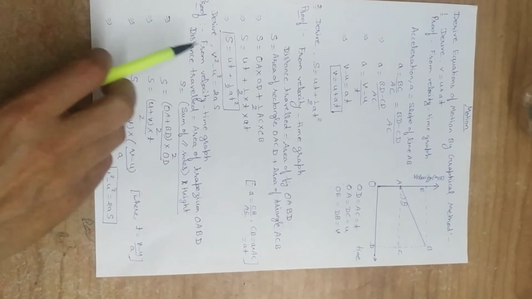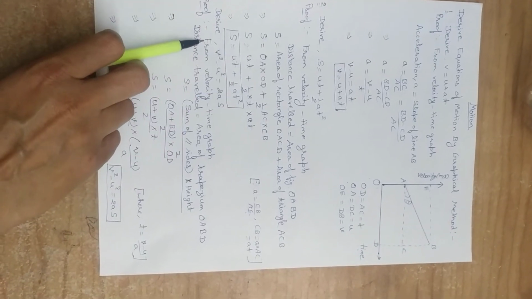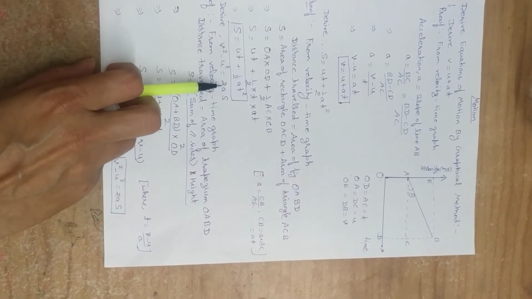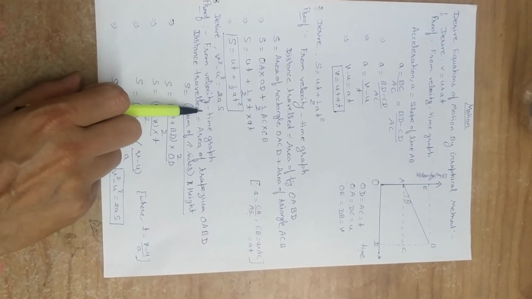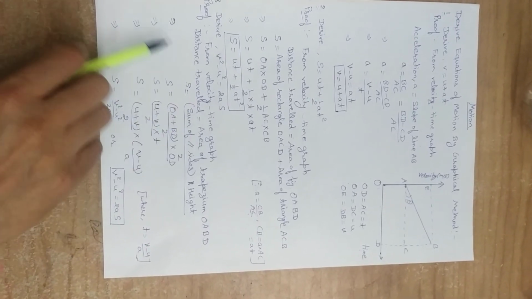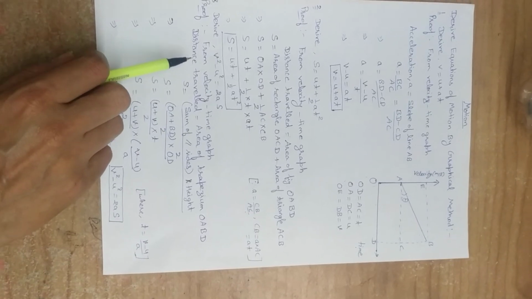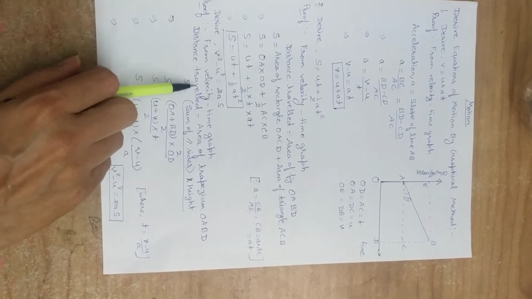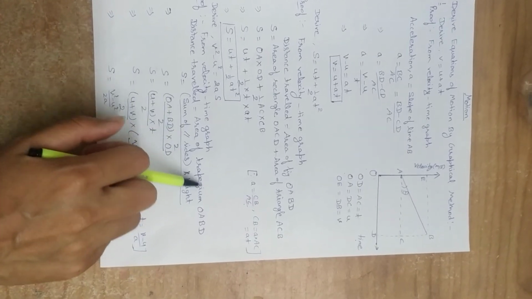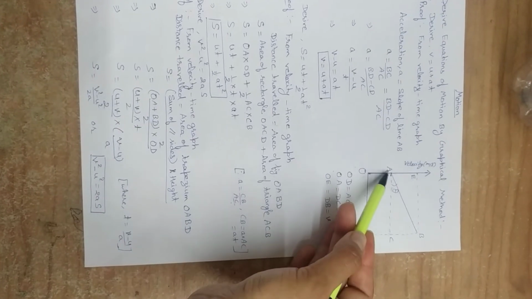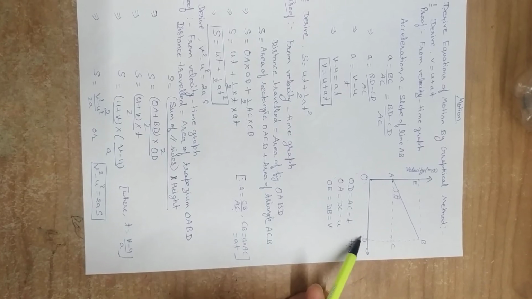After the second equation of motion, we derive the third equation of motion, that is v square minus u square is equal to 2as. To derive this equation, we again use the velocity time graph. From the velocity time graph, the distance travelled, that is s, is equal to the area of trapezium OABD.